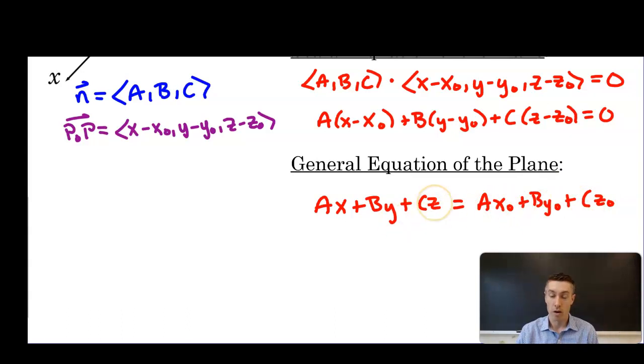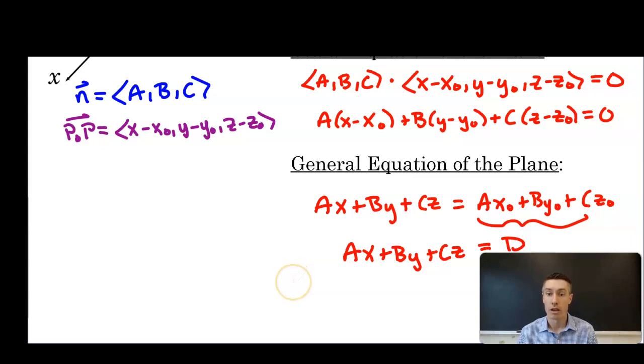And for practical purposes and to create a clean general equation, we're going to group all those together and call them D. So ax plus by plus cz equals D. And typically, this is the equation of the plane that we look to write, which is the most simplified version of the equations that are above. So we do that dot product out, we clean it up, simplify it, there's our equation of the plane.